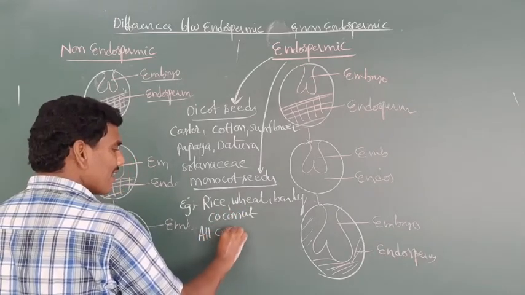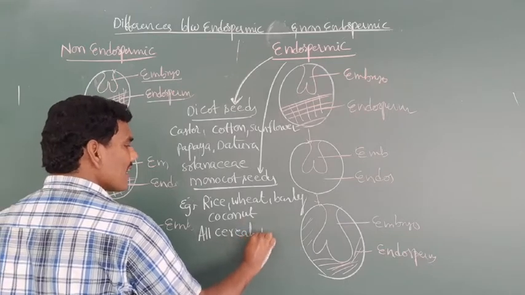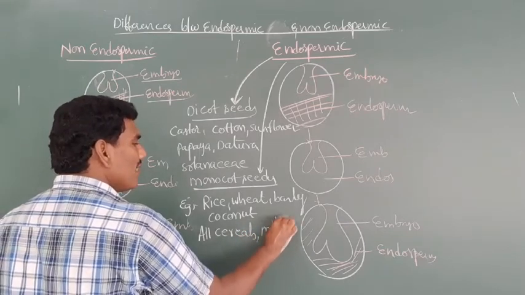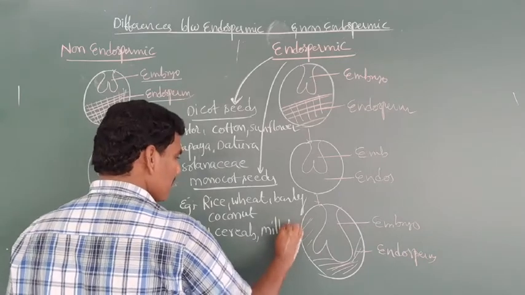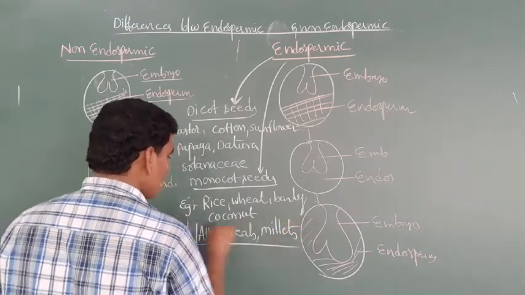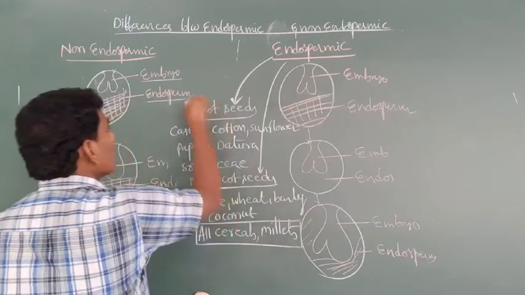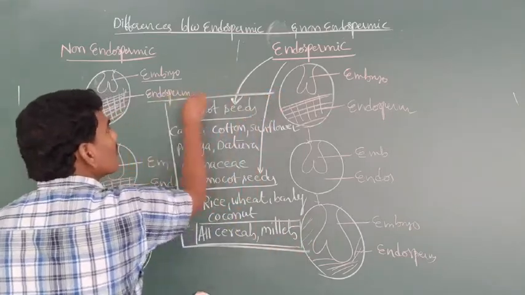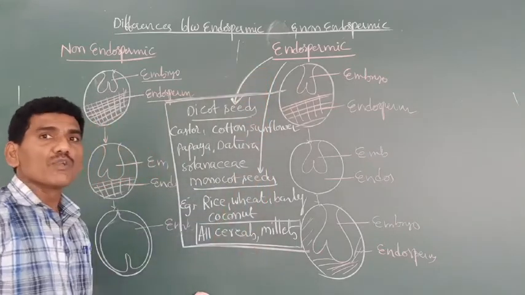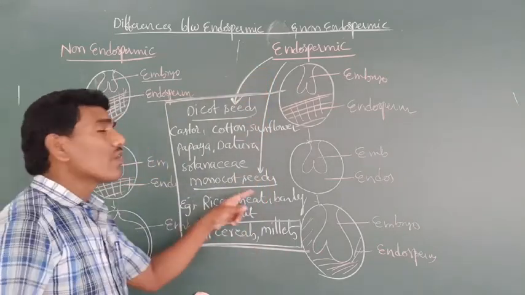All cereals and millets. These are examples of endospermic monocot seeds.